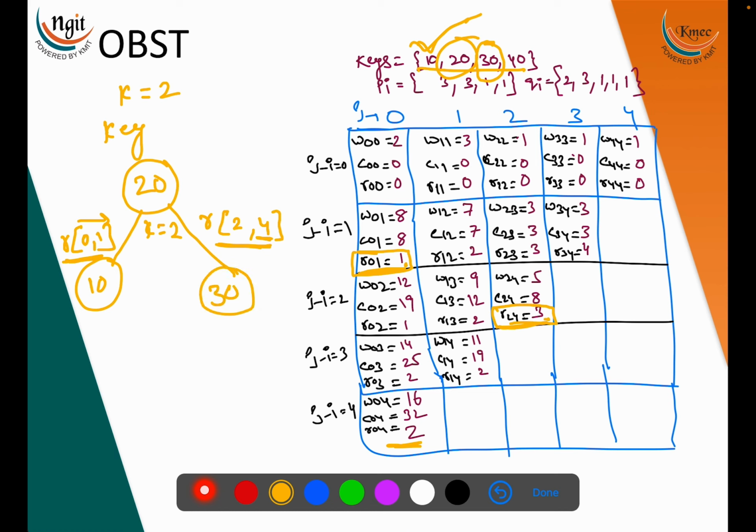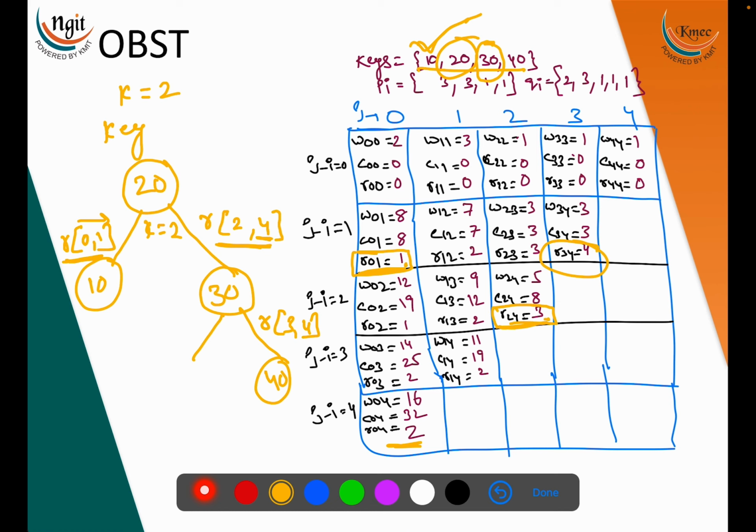Now, come for 30. Again, divide it. Anyhow, you have one element, and that element you can place over here. If you don't have one element, the way to think is R3,4. R3,4 value is the 4th key, so 40 has been placed over here.